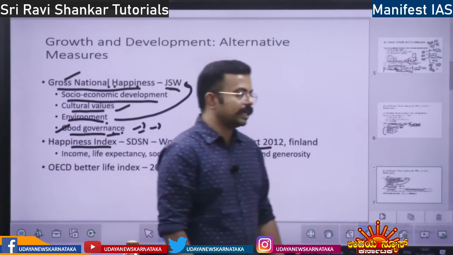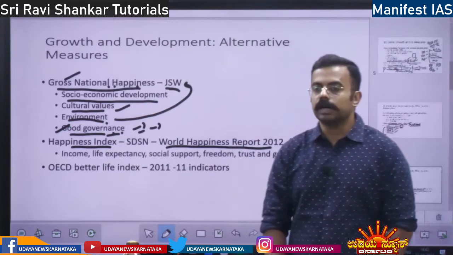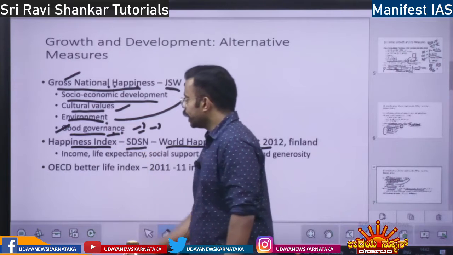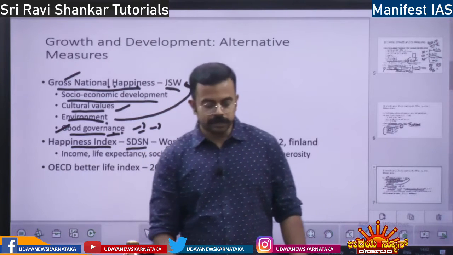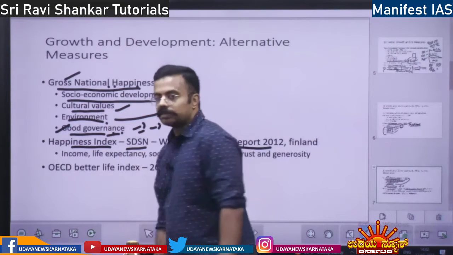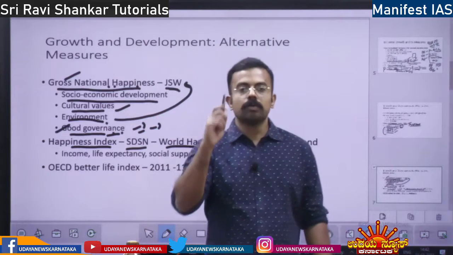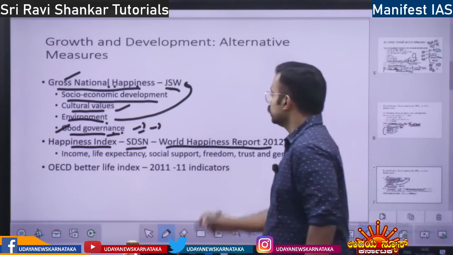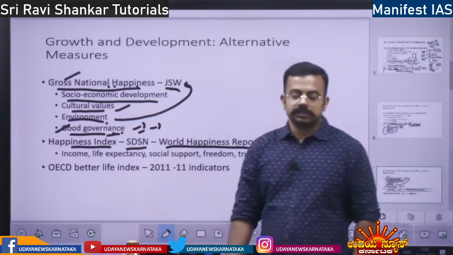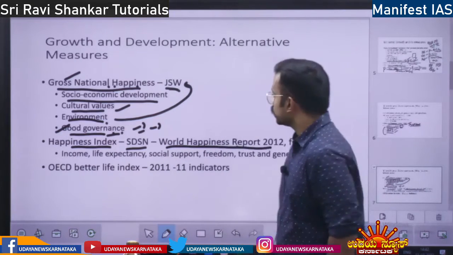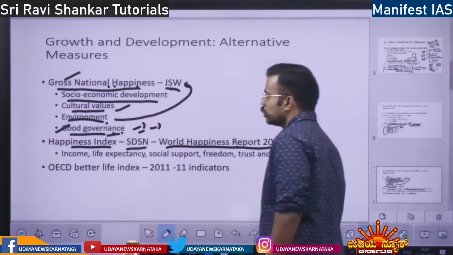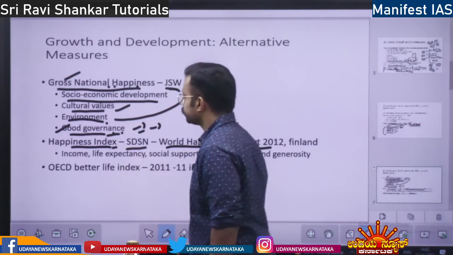It is published by the Sustainable Development Solutions Network. Very, very important. They ask you what the index is and who publishes it. So this World Happiness Report is published by the Sustainable Development Solutions Network, SDSN. It publishes the happiness index.